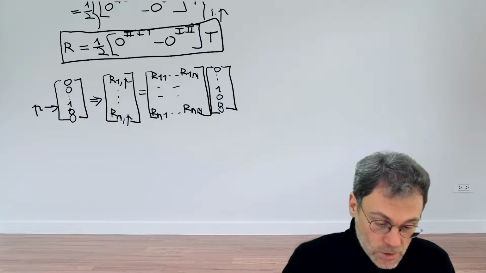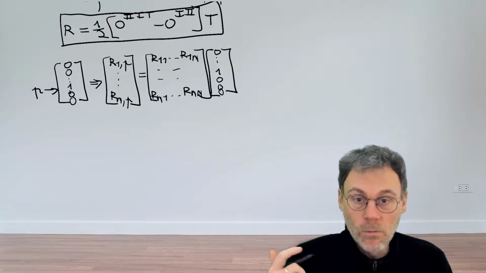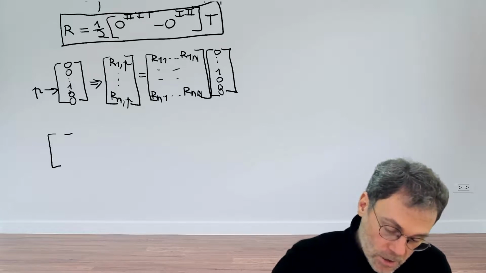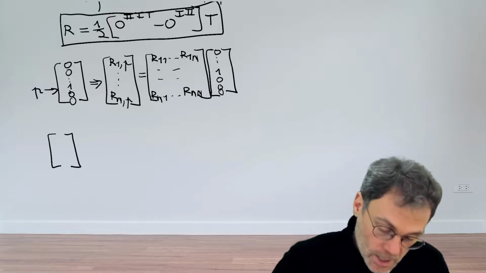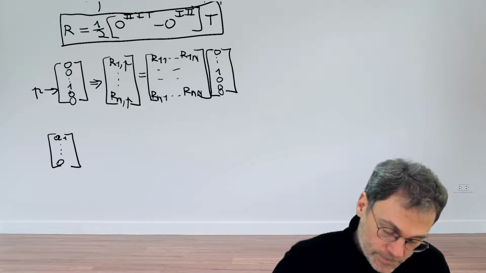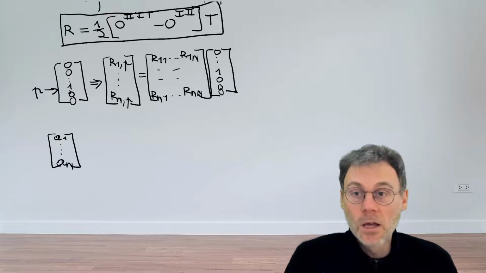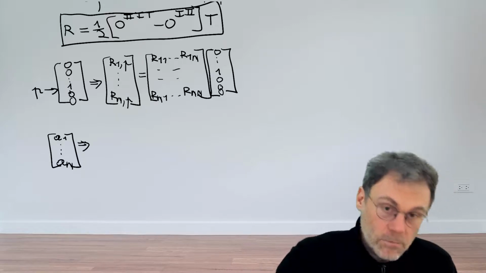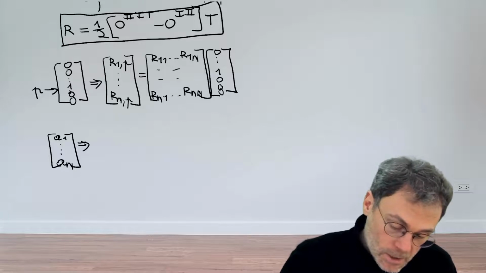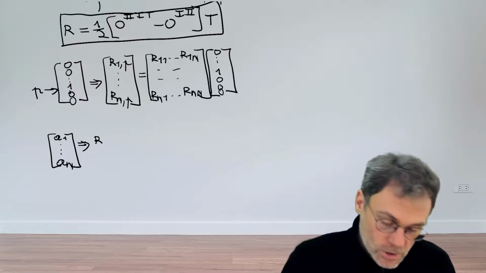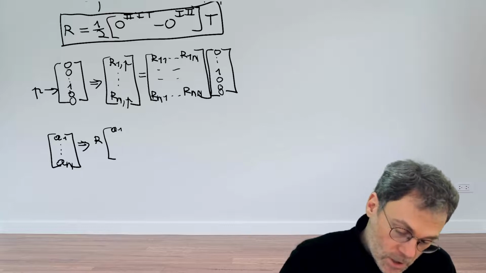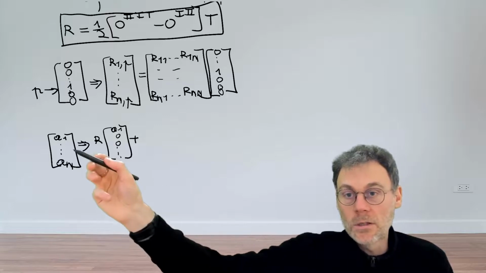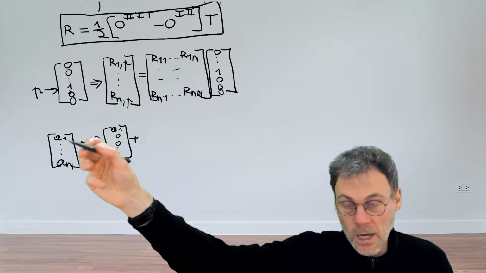This is just for the case where you are having an incidence with a single mode, but you can generalize this by saying that you have an incident field vector consisting of an arbitrary expansion in the different modes of the incident medium. So if you have now an incident field vector consisting of different expansion coefficients A1 to AN, well, then by linearity, you can say that this is the reflection matrix times A1 and then 0, 0, 0 over here, for figuring out what happens with the result from exciting it with the first mode.